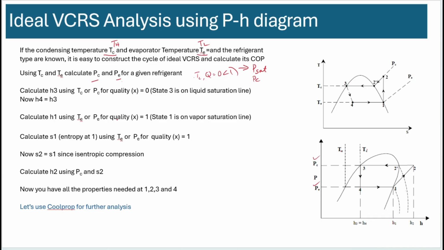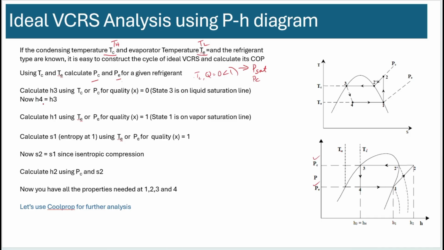Now, how to calculate the x-axis values? If you know the TC and PC values for state 3 here, you know that on this line the quality is 1 here and the quality is 0 here. So you choose quality equal to 0 there and calculate H3.